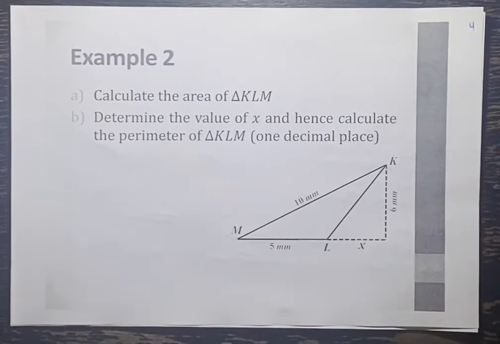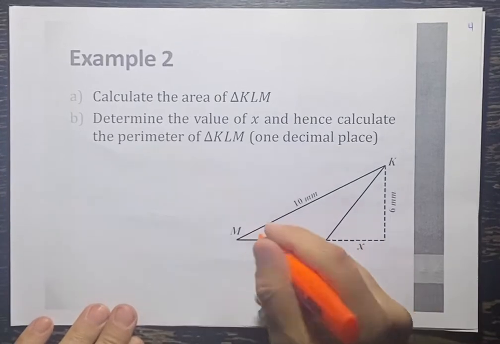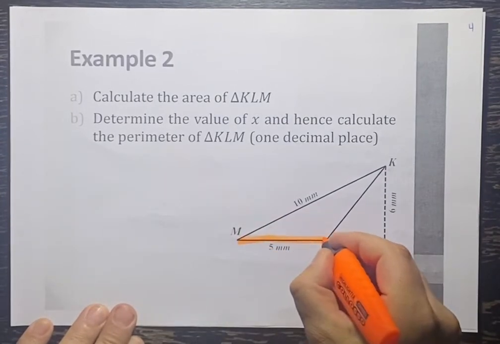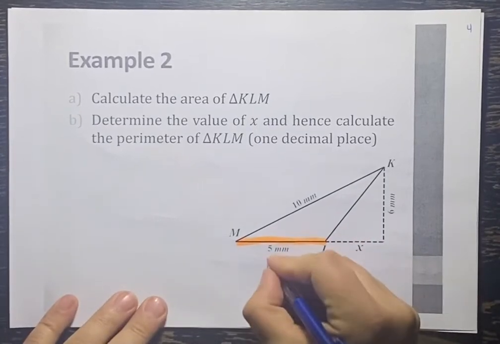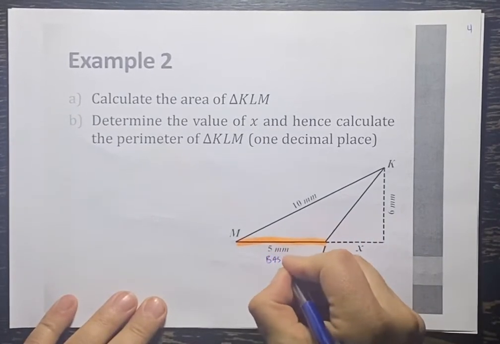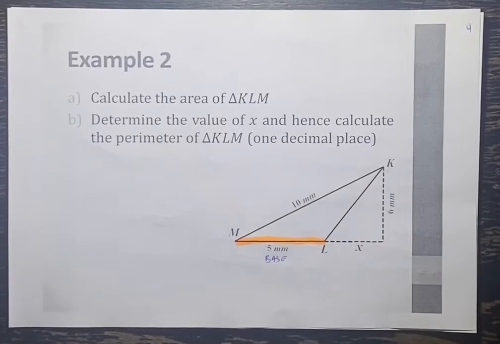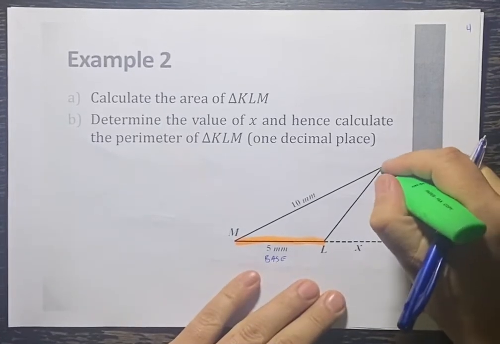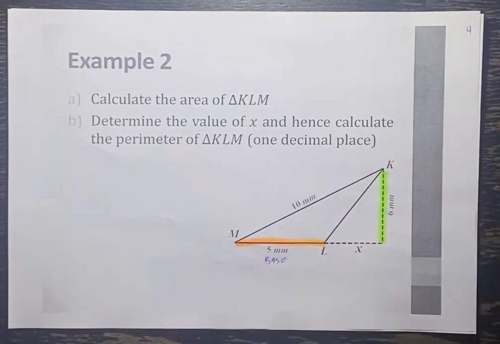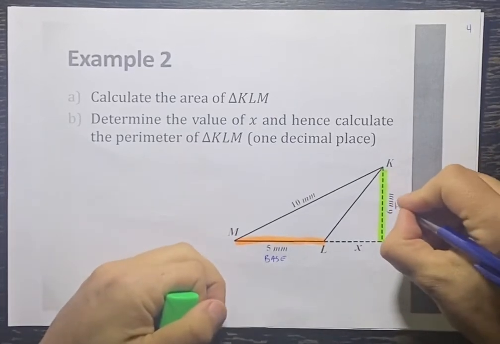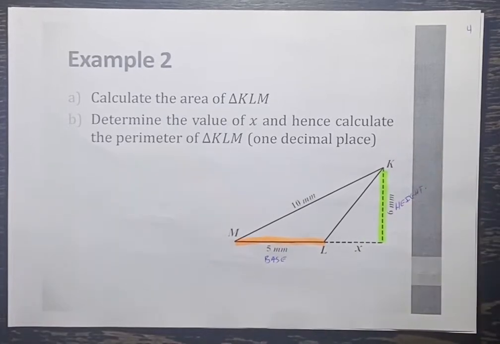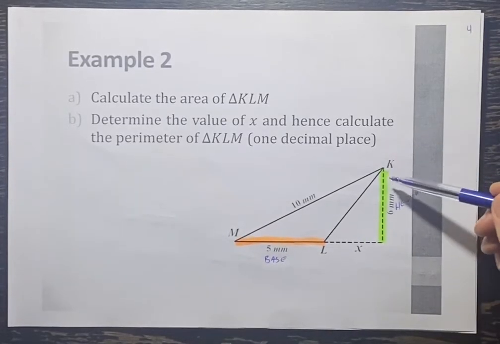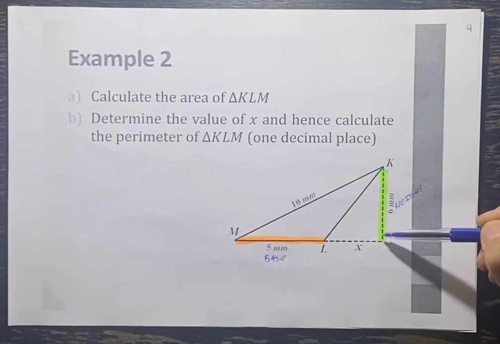And as you can see here, the length of the base is only from there to there. So that is the length of the base. And then this is the length of the height. Okay, and again, you can see that the height is outside the triangle.